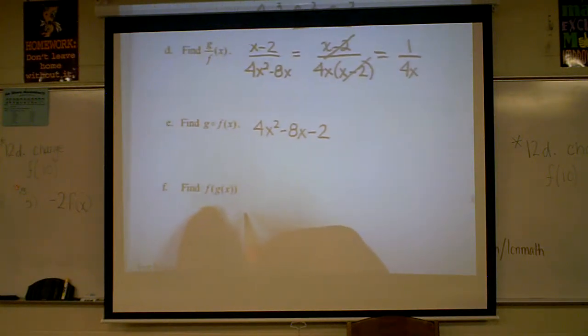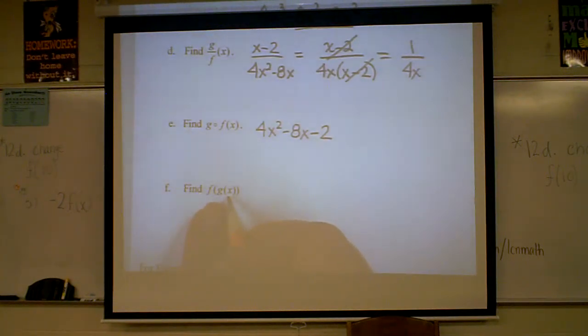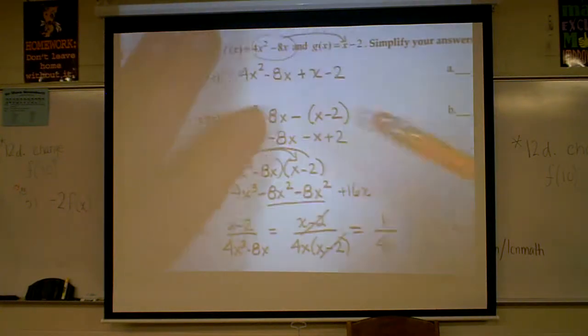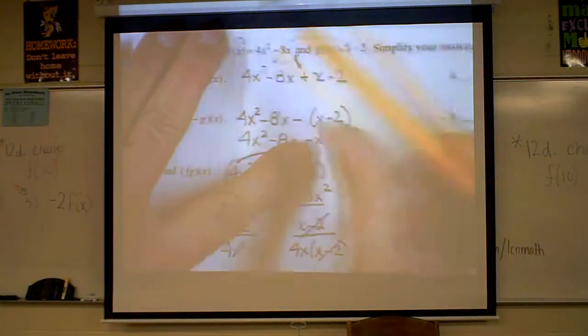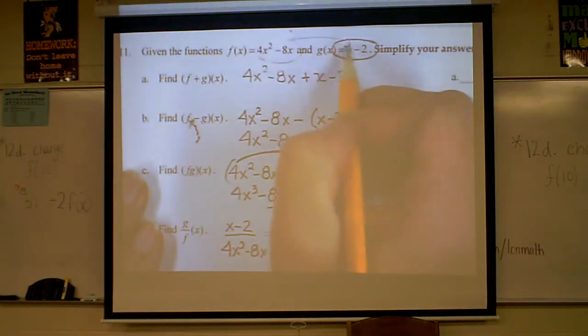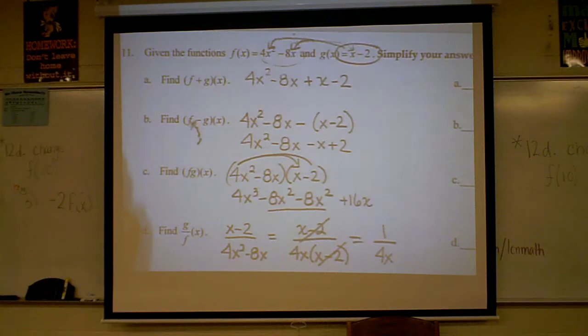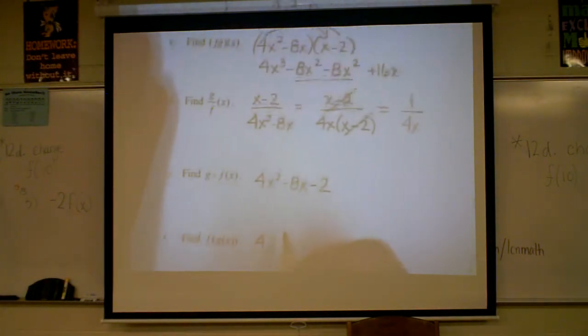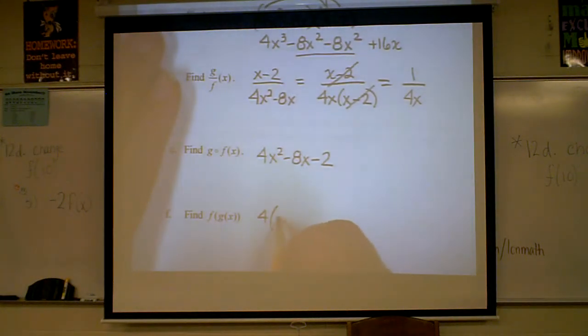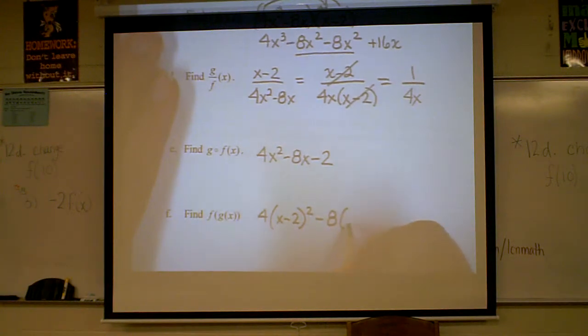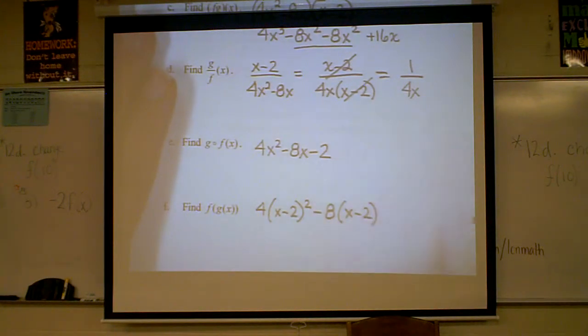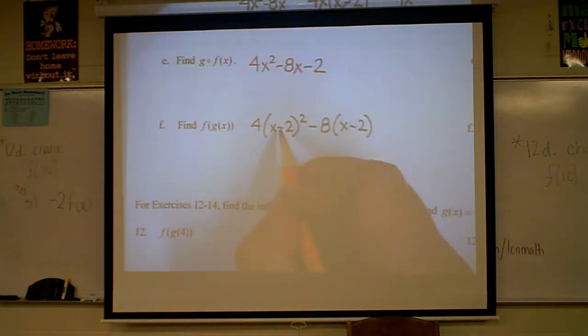And the last composition, you're going to take g of x and plug it in to f of x. So what we're going to do now is this function goes in here. We have 2 x's. So now we have 4 times x minus 2 squared minus 8 times x minus 2. We're going to need to simplify this by squaring the x minus 2.